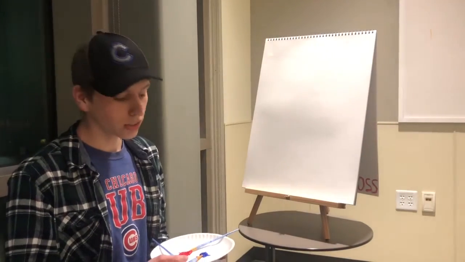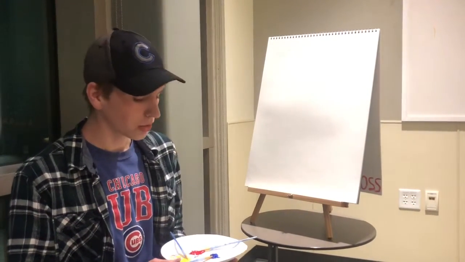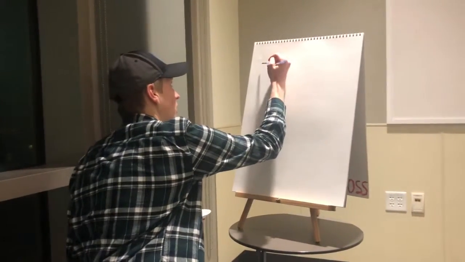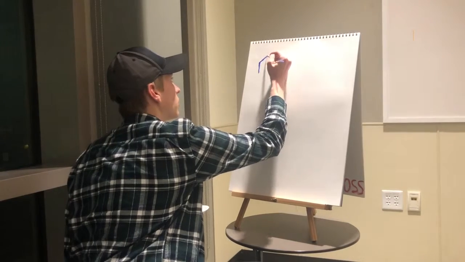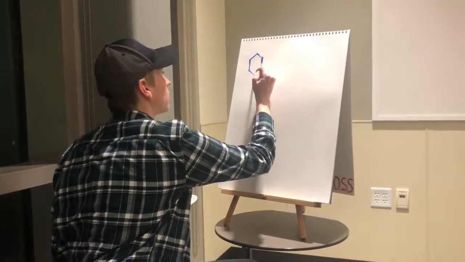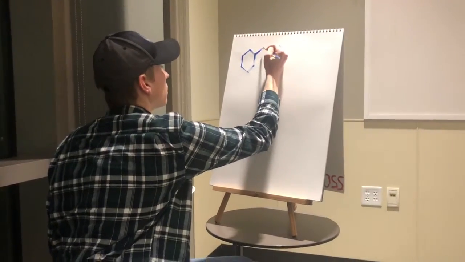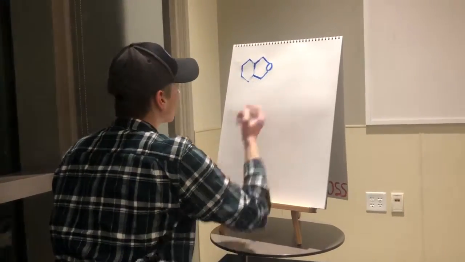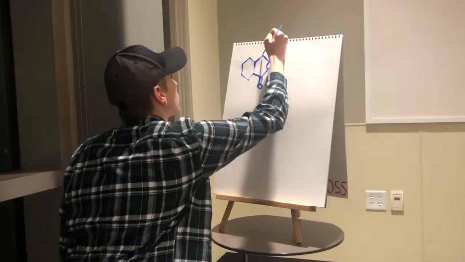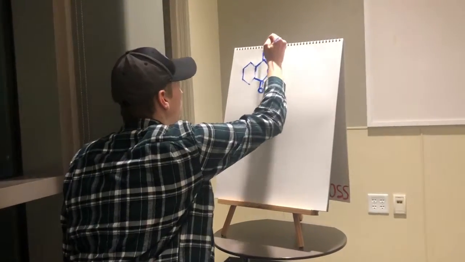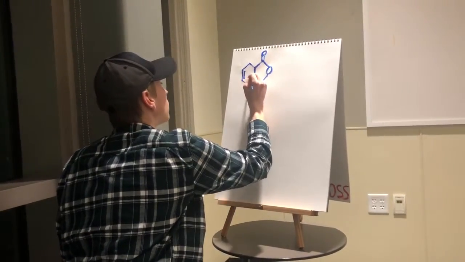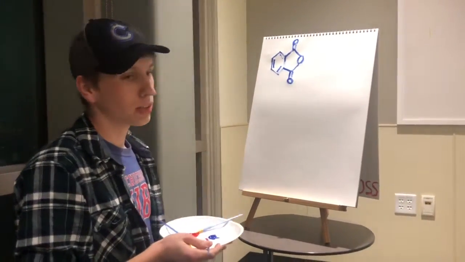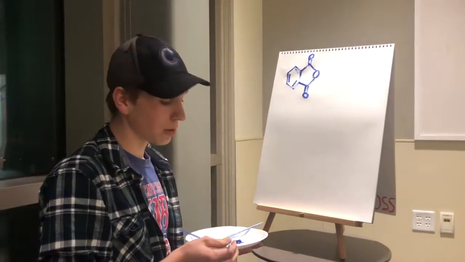So, I want to give you a little example of how you make an alkyd polymer. So we're going to grab our paint here. I like blue, and we're going to have two different reactants. What I've so nicely drawn out is a dicarbonyl, which would be our starting point for this polymer.